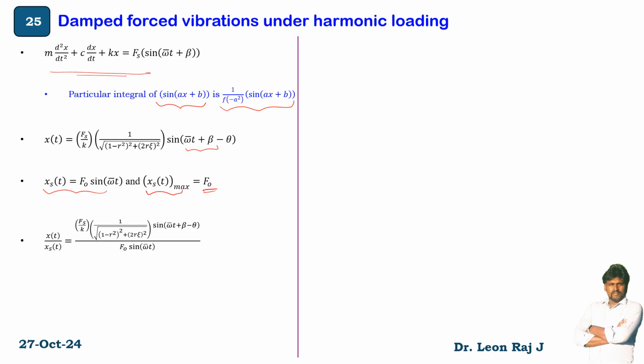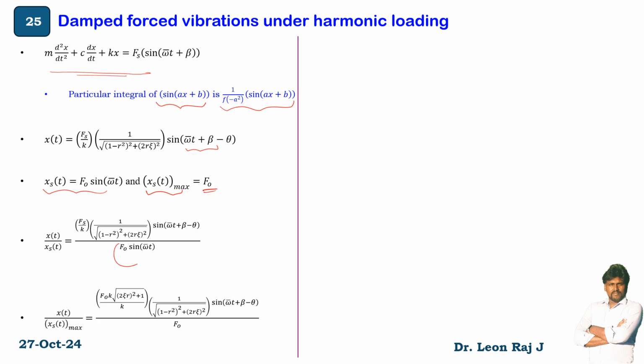So x of t divided by xs of t is nothing but Fs by k square root of (1 minus r square) whole square plus (2 r xi) whole square, in the sine omega bar t plus beta minus theta, divided by F0 sine omega bar t. So it is x of t divided by xs of t max.